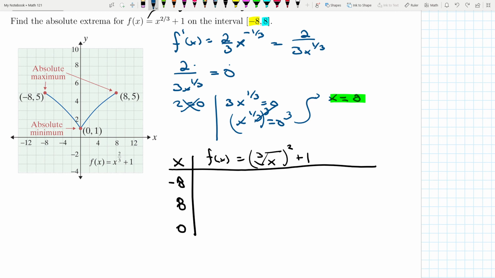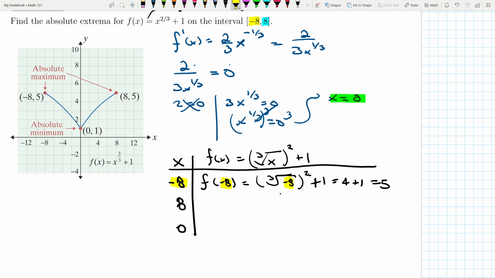Now let's see. We're going to do f evaluated at the lower limit. That's the cube root of -8, quantity squared, plus 1. The cube root of -8, be careful, is -2, and then -2 squared is 4, plus 1, which equals 5. Again, we are evaluating at -8.